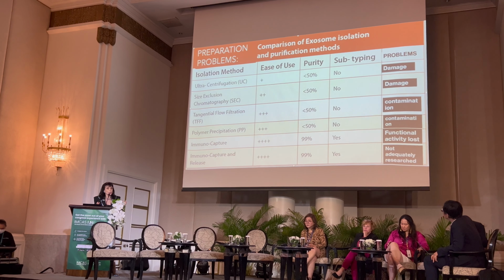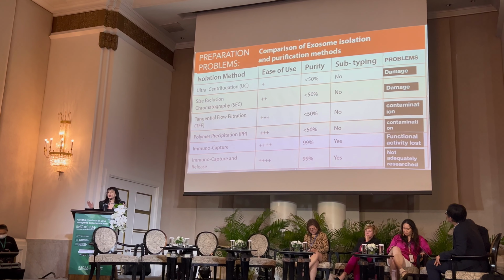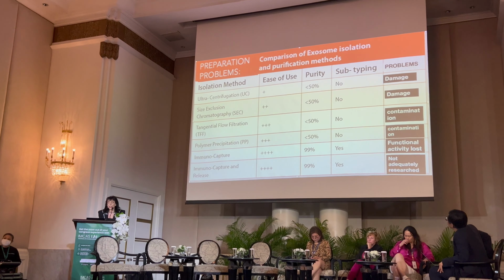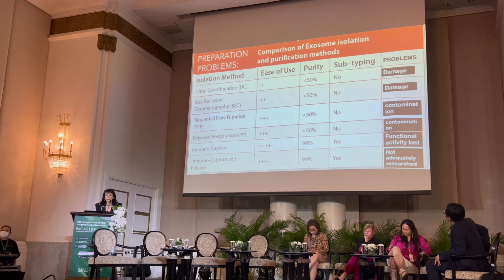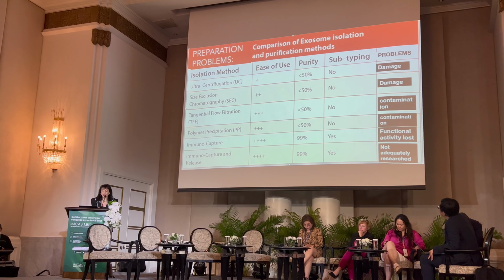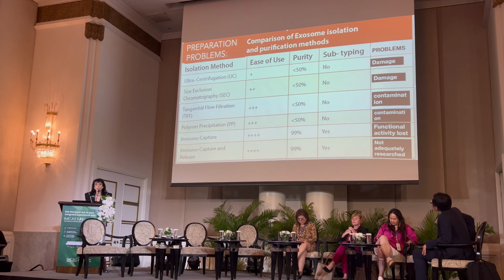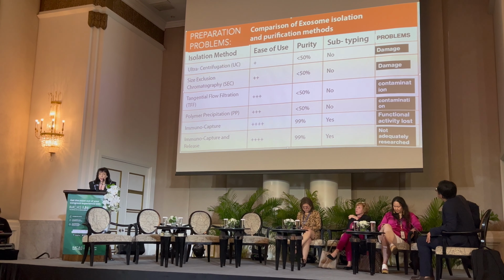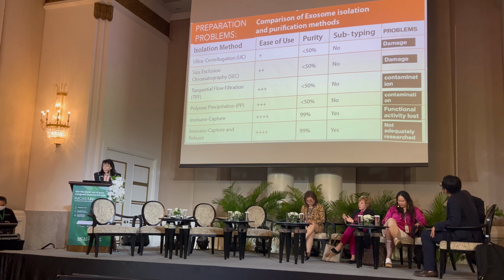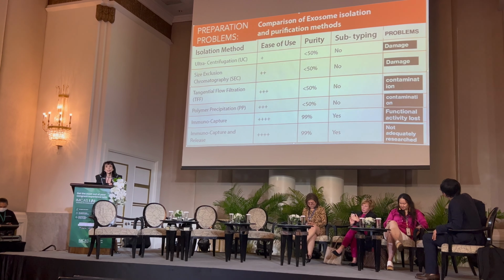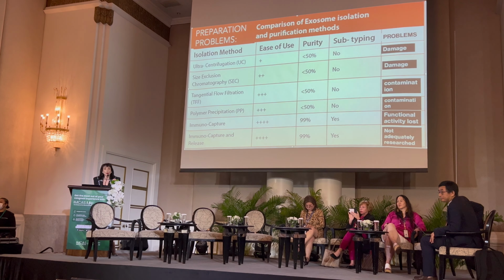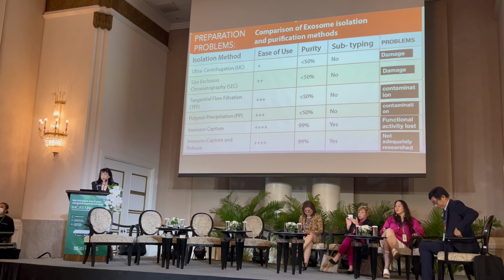There are a lot of difficulties, and this is where the problems come with exosomes, because of the different isolation methods, like ultracentrifugation, the UC as we call it, and the AAC and SCE. The problem is that they can be damaged and contaminated during that process.